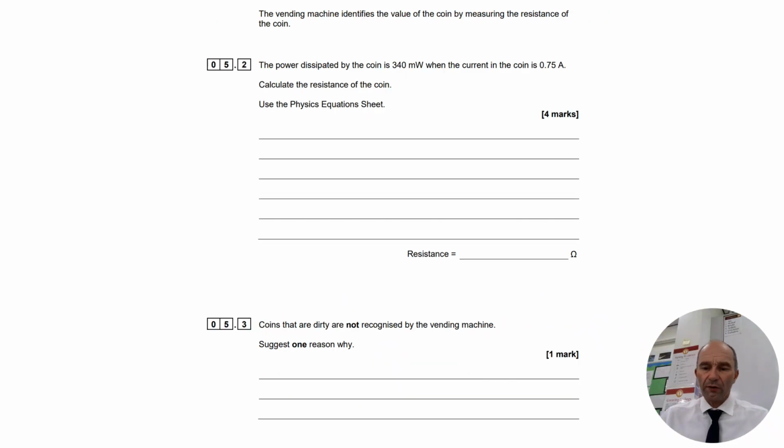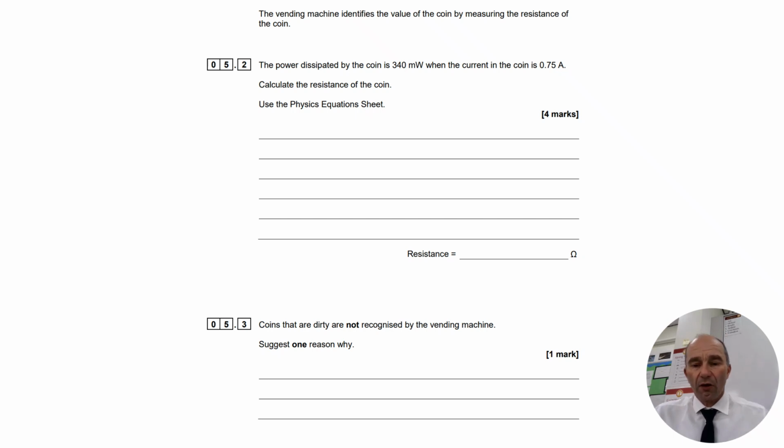Now, question 5.2, nice maths question here. It's worth 4 marks. So the vending machine identifies the value of the coin by measuring the resistance of that coin. Now the power dissipated by the coin is 340 milliwatts when the current in the coin is 0.7 amperes.